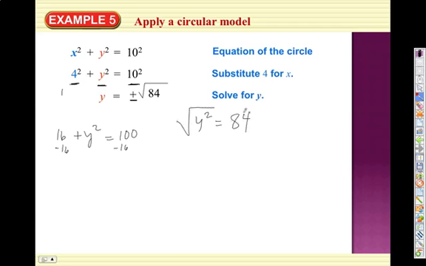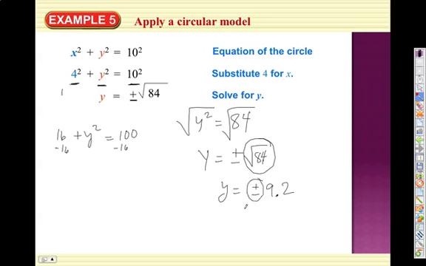So we take the square root: y is equal to plus or minus the square root of 84. That probably breaks down, but we don't need to do that in this case. As a decimal, y equals plus or minus about 9.2.